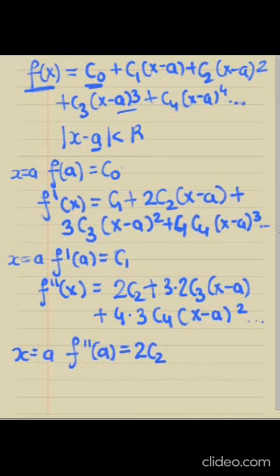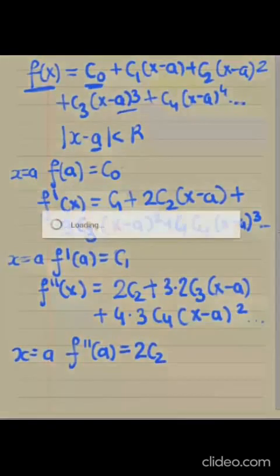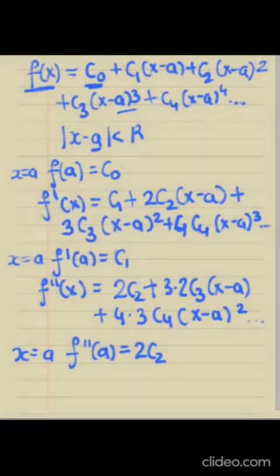We're going to go ahead and find the third derivative of our function. So f triple prime of x equals, well, the 2c2 here disappears.